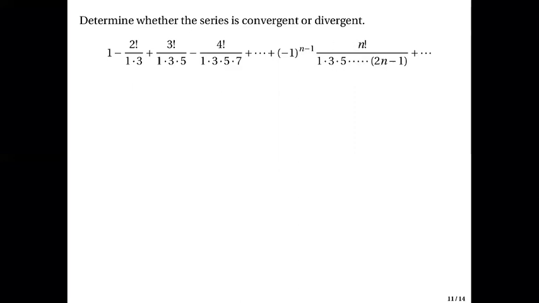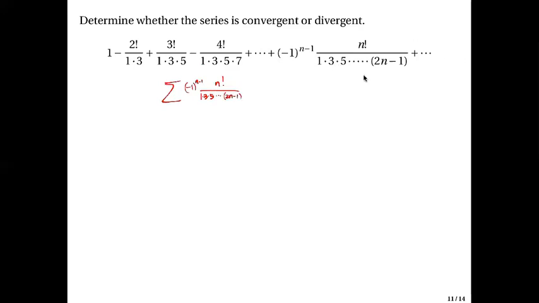So this means that we actually have the series, okay, negative 1 to the n minus 1. And then you have n factorial over 1 times 3 times 5 times you have 2n minus 1.